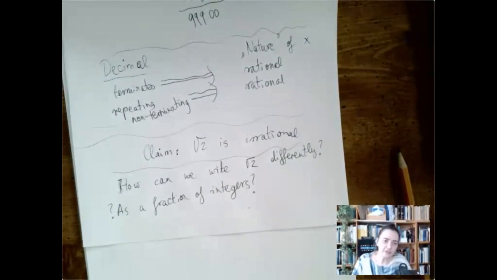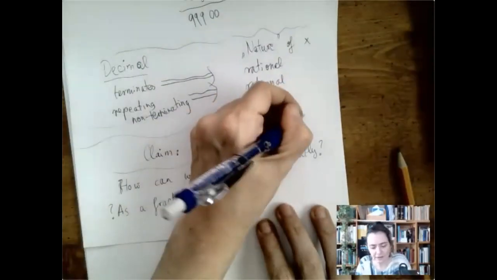If we could write square root of 2 as a fraction of two integers, that would make it rational. That's the definition of rational, right? Yeah, you can write square root of 2 over 1, but you're not going to write it as a fraction of two integers. We just accept this fact today.